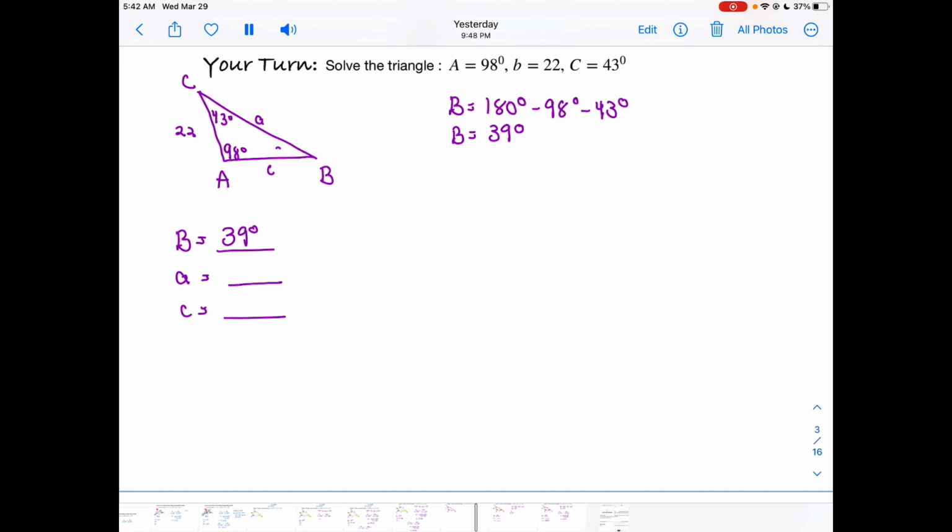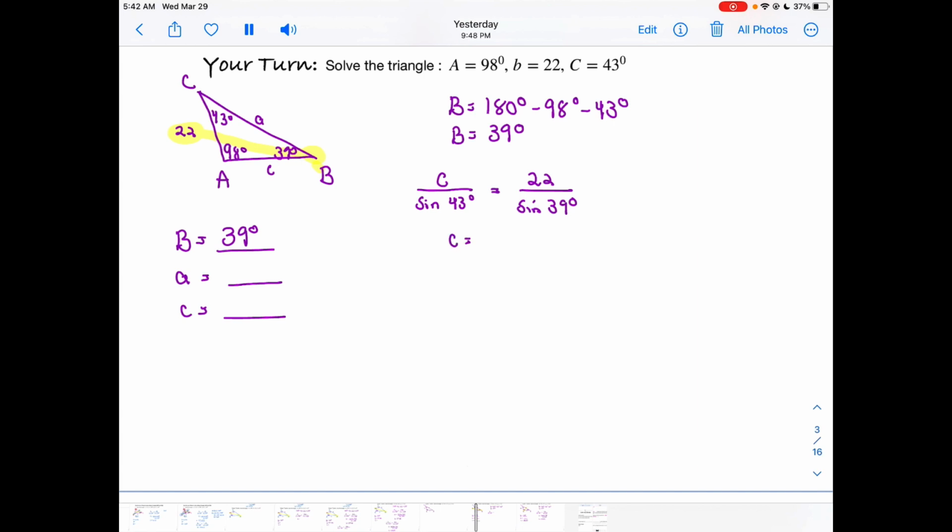Now I have a side and the angle opposite it, so I can use that as my foundation, and I didn't round, so that's going to be my foundation of my ratio. Then I'm going to solve for one of those missing sides. So let's say I'm going to solve for side C. I'm going to set up my ratio as C is to sine of 43 degrees, as 22 is to the sine of 39 degrees.